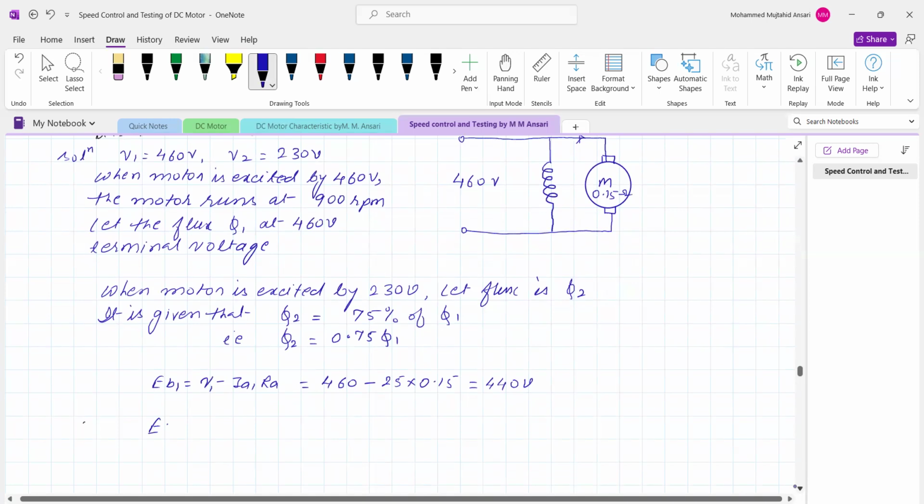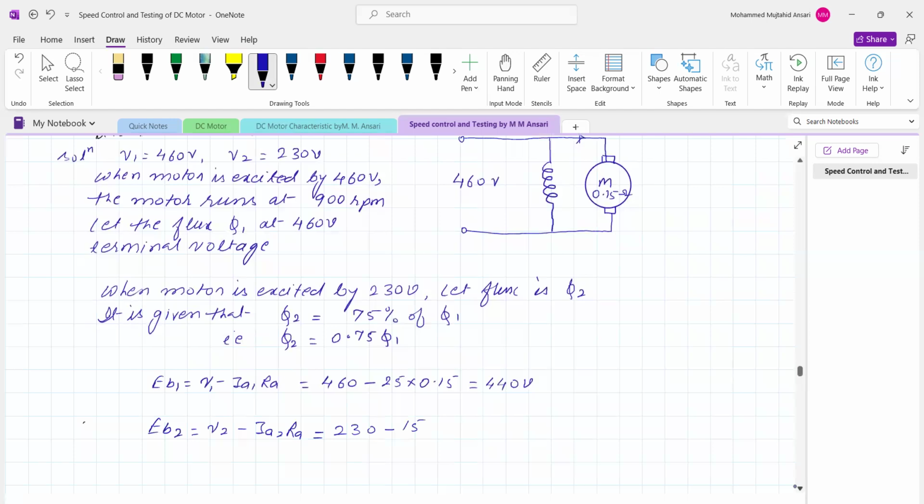Similarly, EB2 is equal to V2 minus IA2 RA, which is equal to 230 minus 15. So armature resistance is given how much?